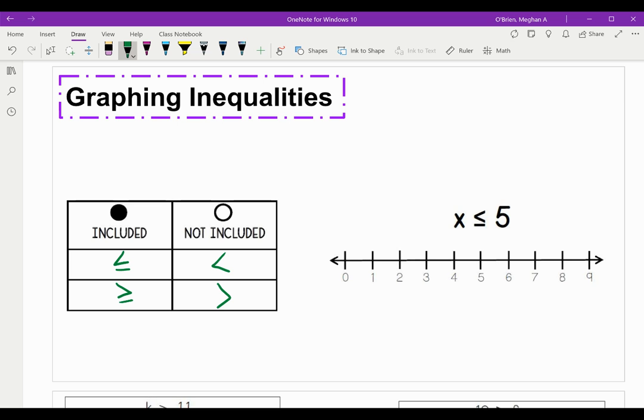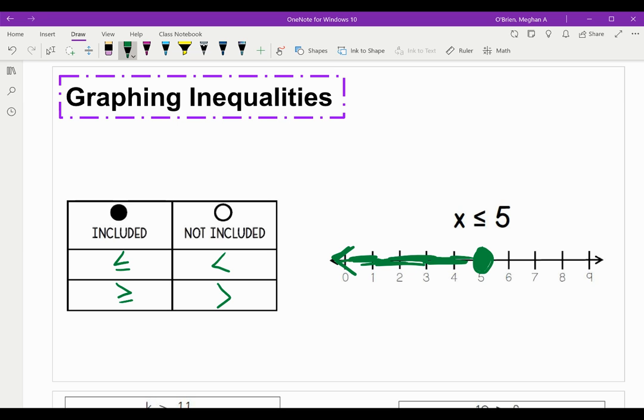So how to graph this is I want to mark where the 5 is. Okay, so x is less than or equal to 5. It is including the number 5. Notice that I'm filling in that circle because it includes the number 5. And then I'm going to just shade to the left, right? Because all of these numbers are solutions to this inequality.